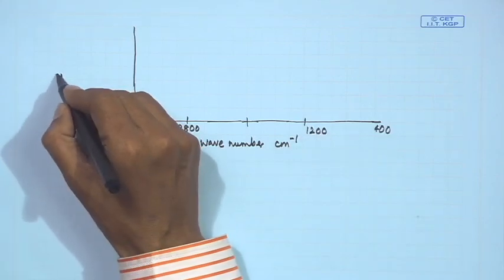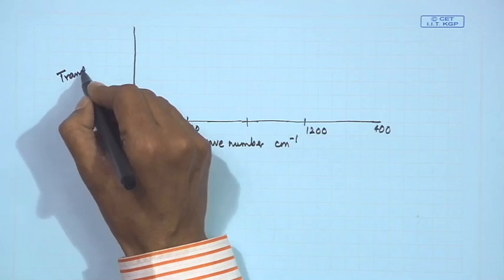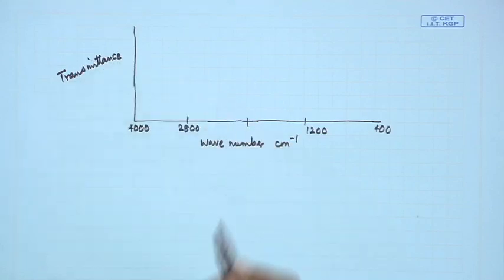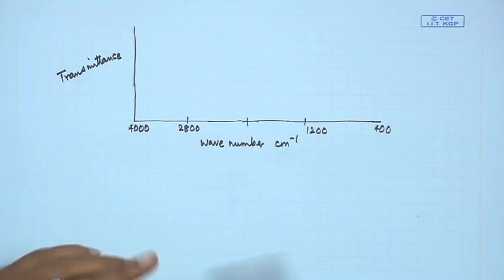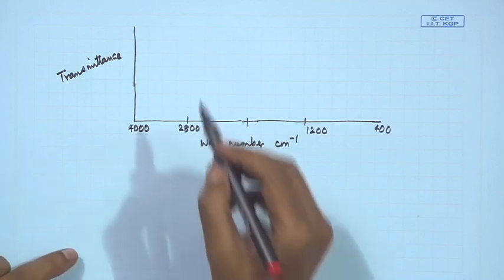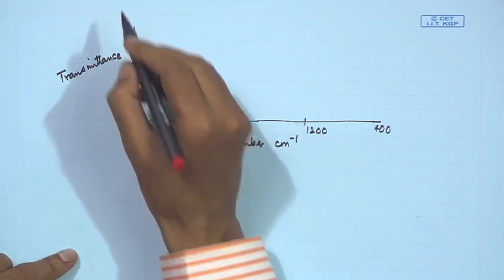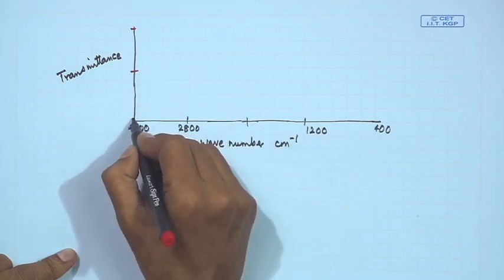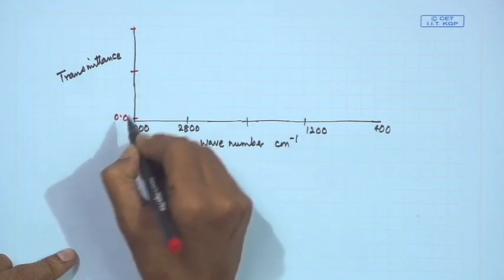And now this axis is transmittance, so we will get that as transmittance, where this is close to 1 and this is 0.5.